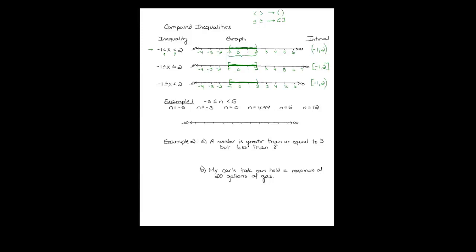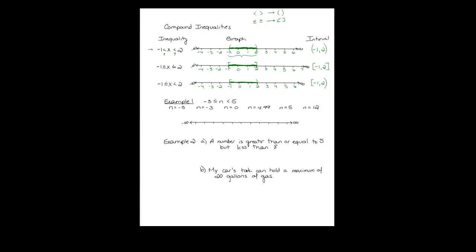Now moving on to example number 1, we have the compound inequality, -3 is less than or equal to n is less than 5, and we need to figure out which of these values are part of the solution set. The easiest way to do this is to graph the inequality first. If you can visualize the graph, it's very easy to pick out which values are in the solution set and which are not.